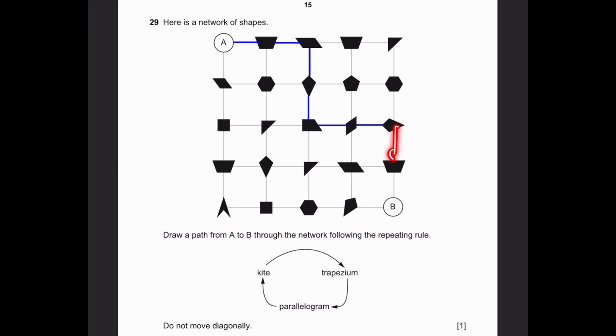And after coming here, because it's after trapezium, it's parallelogram and then kite, you can go like this and then go to B, or you can simply go directly. I will just show you that you can go directly, but also you're allowed to go like this. This is also another option. But these two routes are the only two answers. Why can we go directly without completing the full loop? Because this loop is endless.